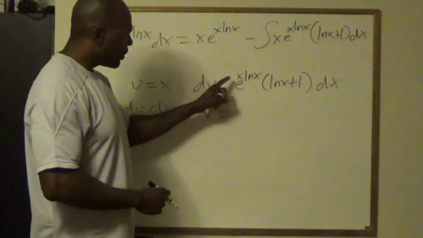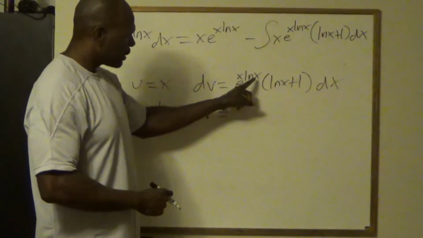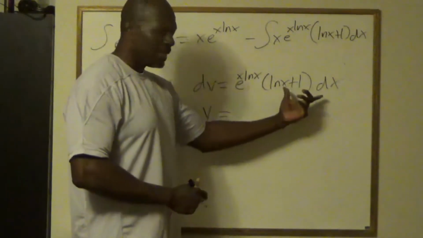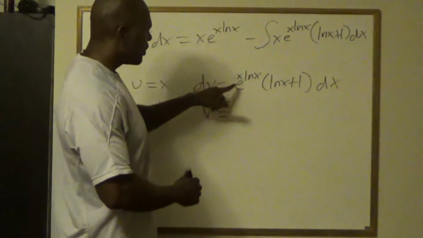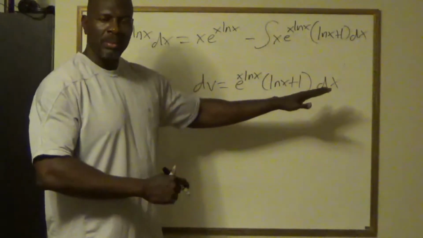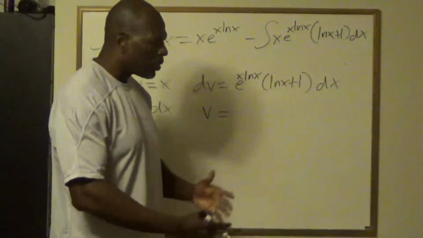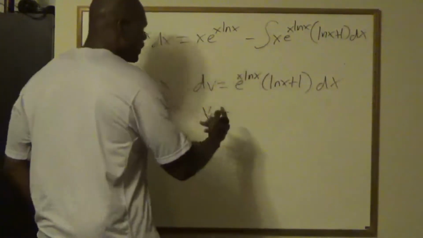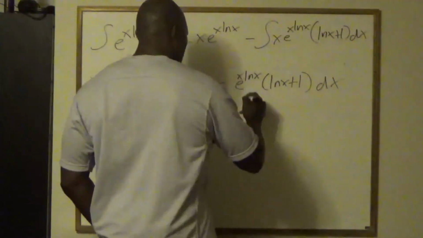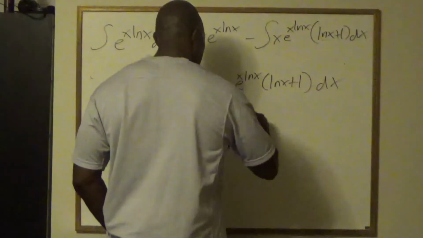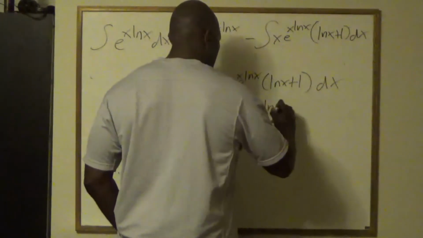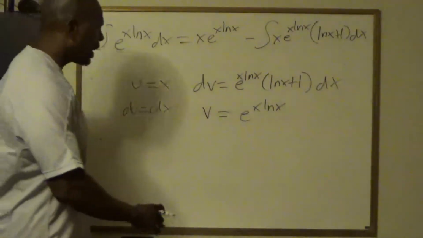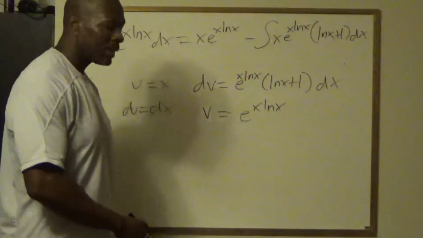I'll make u equal x ln x, which means du would be ln x plus 1 dx. So this becomes e to the u du. Beautiful. Of course, the integral of e to the u du is e to the u. The excitement begins. So v is just going to be e to the power of x ln x. So at this point, I got pretty excited.